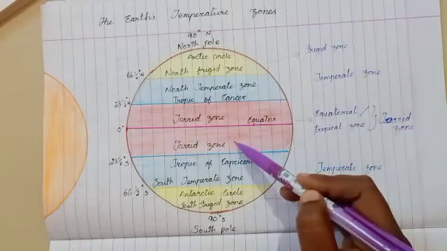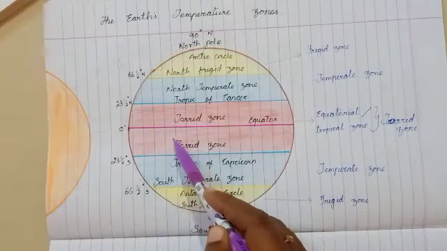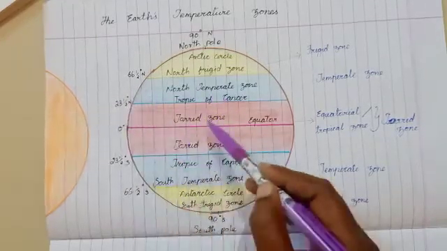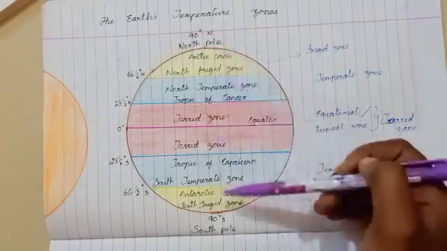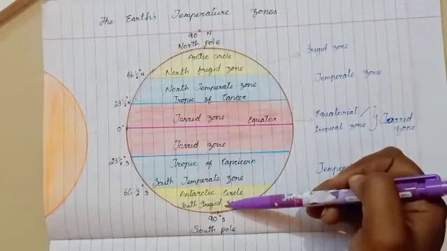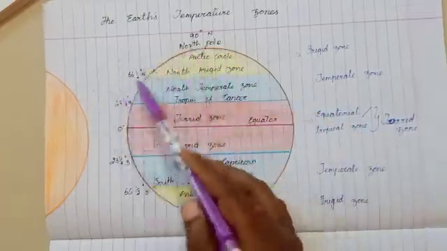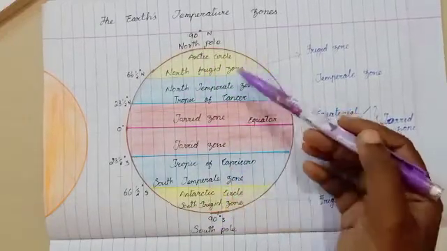The torrid zone will receive the direct sunlight and it is very hot. The temperate zone will receive the moderate sunlight. It is cooler and drier than the torrid zone. The poles, which have the frigid zone, will receive sunlight only in slanting rays, and it is fully covered with a thick carpet of ice and snow.